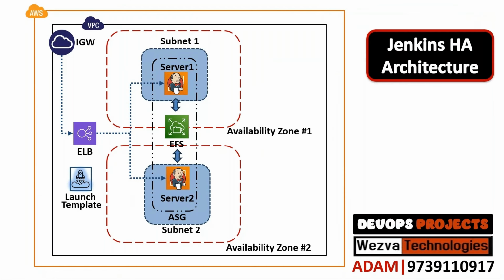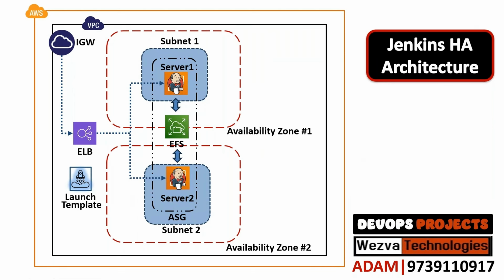Within your company, if someone, whether a developer, QA, or someone in production, says, hey Adam, I want to create a Jenkins for my application for production, and I need Jenkins version 1.26, all you tell them is there is a specific golden image, please use it. They will create their own launch template, auto scaling group, load balancer and EFS, and in the launch template they will give the AMI of Jenkins 1.26.